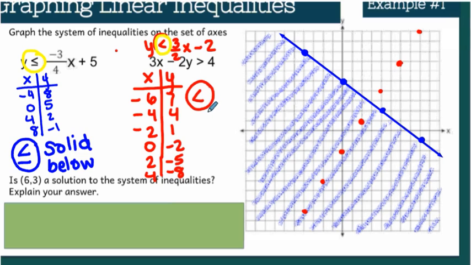And will we be shading above or below this line? Because this inequality does not have the equal to symbol with it, we are going to connect our dots with a dashed line. And because, again, this is a less than symbol, we want to shade everything below the line.